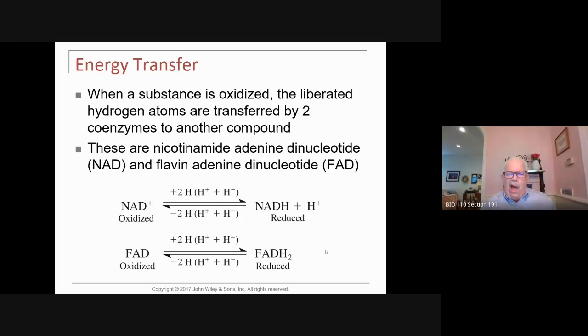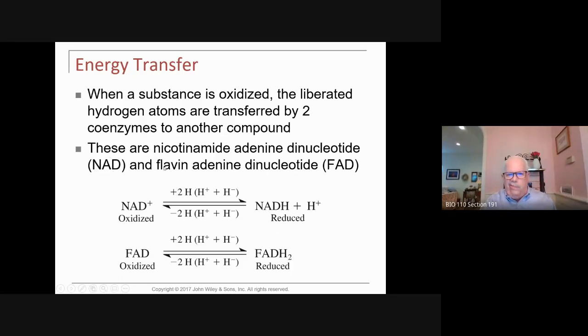How does the body transfer those hydrogen atoms to another compound? Well, they use coenzymes. And there are 2 famous coenzymes that you have to understand. And these coenzymes are precursors of vitamins. Nicotinamide adenine dinucleotide, otherwise known as NAD. It is a precursor for nicotinic acid, which is a B vitamin.